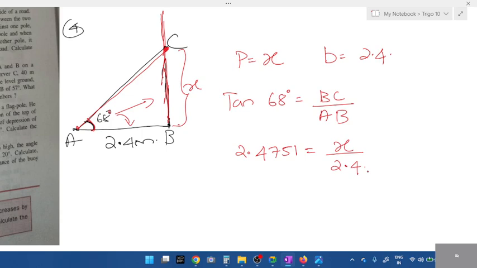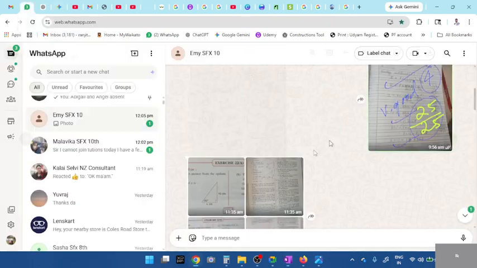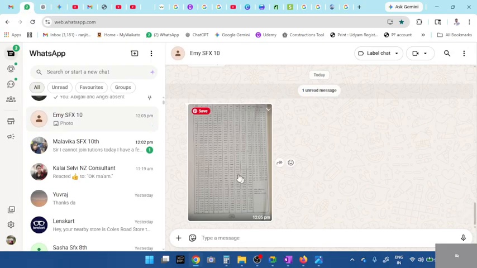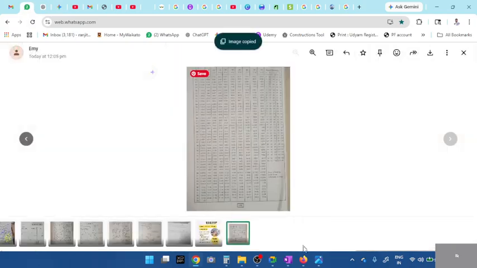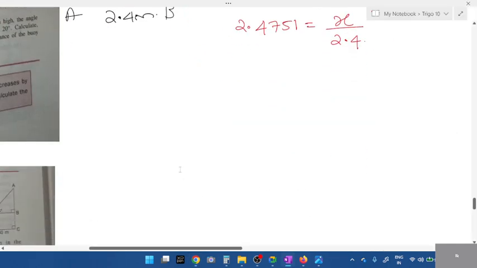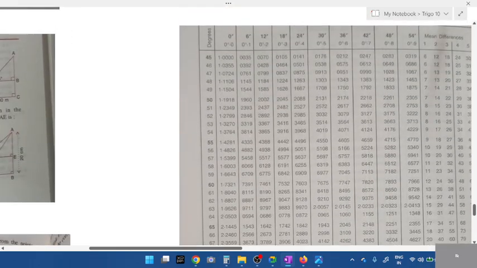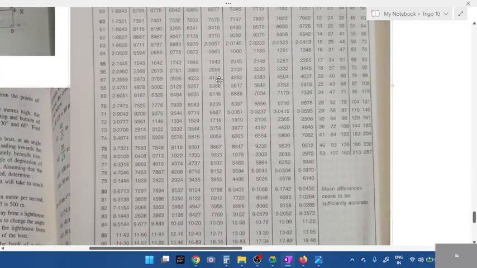And the same goes for sine and cos, students. Whatever we do for tan, the same. I just explained the tan table. Sine and cos, it's the same. Those who have a textbook can refer to this. Those who don't have it, you can check it later.